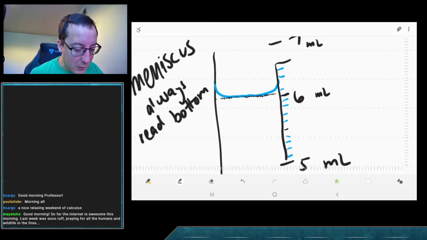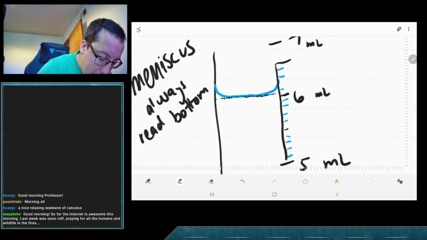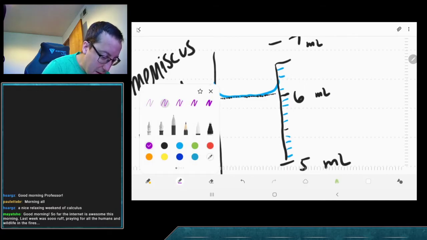Okay, so what do these little blue lines represent on our graduated cylinder? We know these bigger black lines are 1 ml apart. And if we look, we have 10 of those in between, like 5 and 6, for example. That tells us that, how about purple today, that this little line here is, that's really awful, I guess because I'm so zoomed in. Here, let's make it thinner then.